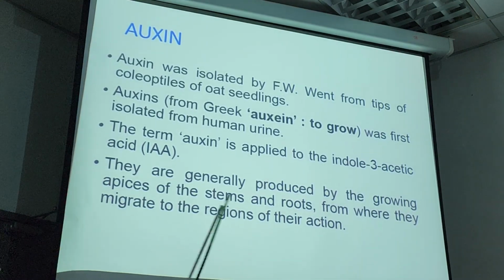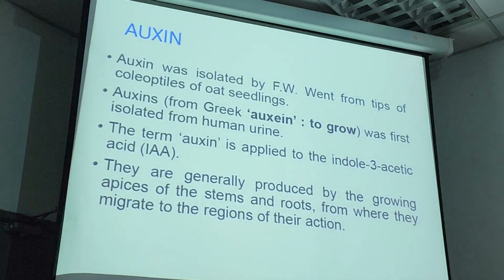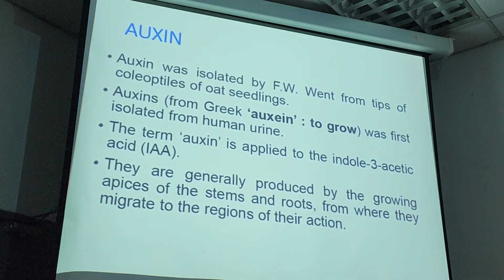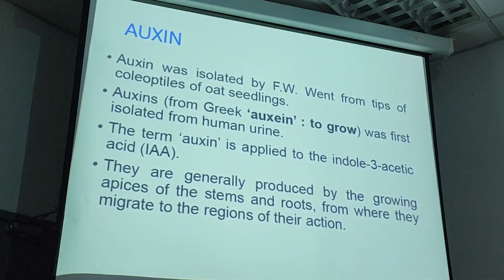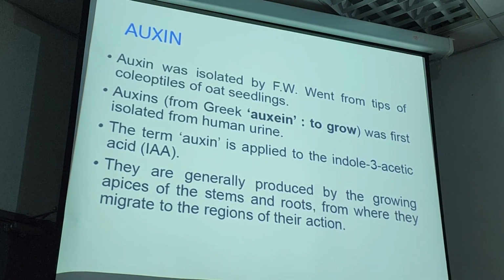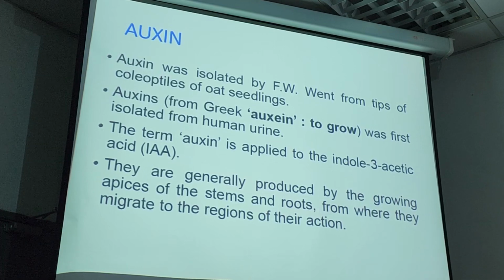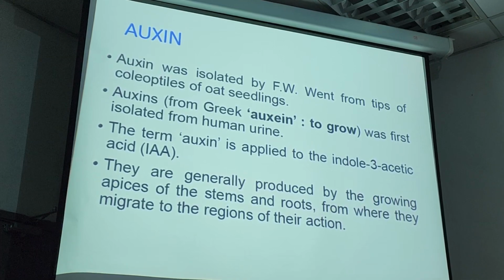See, stems and roots. These are two completely opposing organs of the plant, end to end. One at the end of the shoot system, and then one at the end of the root system.